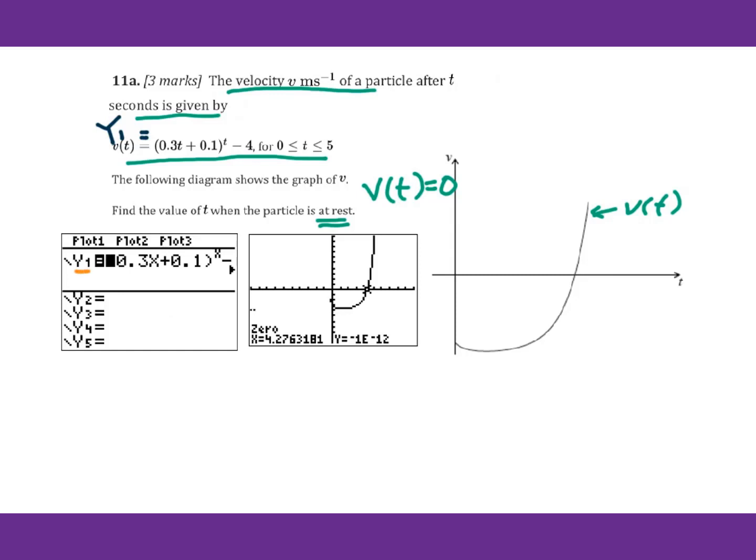You draw the graph in the standard window. You could see x equals 4.28. So t equals 4.28, and then this particle is at rest.